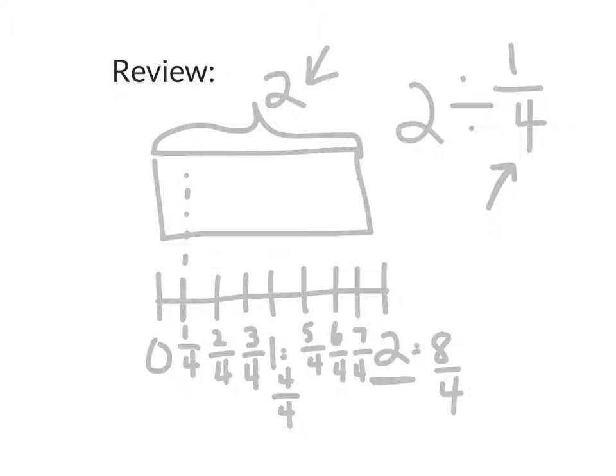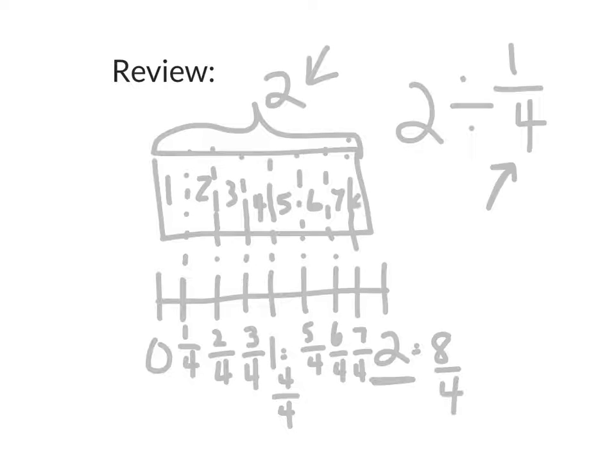So putting our little dotted lines and breaking up our tape diagram according to how we split up our number line is going to help us see how many spaces. Here I can see I have 1, 2, 3, 4, 5, 6, 7, 8. 2 divided by 1/4 equals 8.